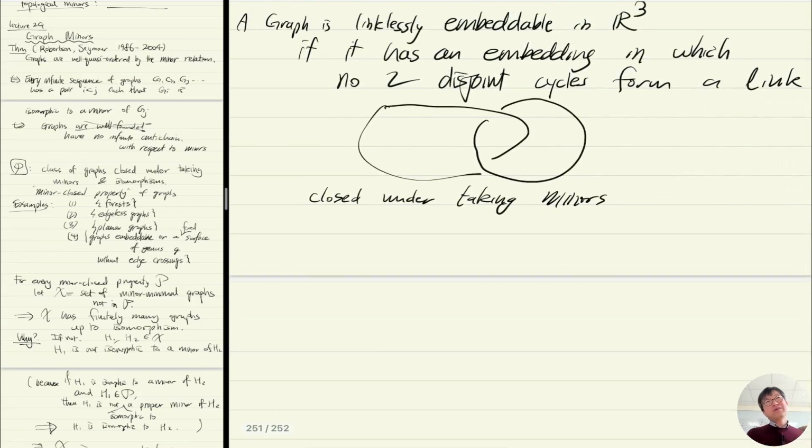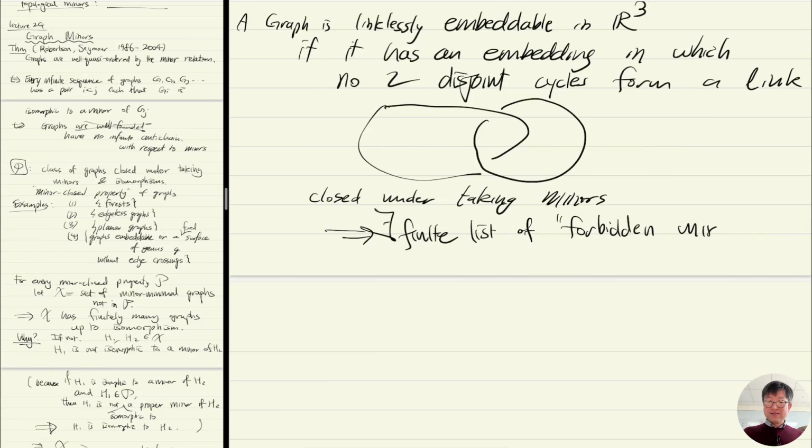So by Robertson-Seymour's theorem, there must exist a finite list of forbidden minors. And actually, this is true.